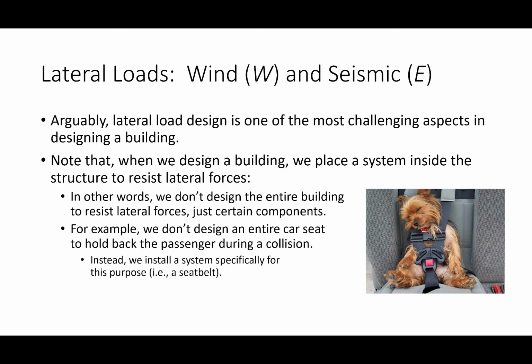You have a subsystem installed specifically for that, and we call that subsystem a seatbelt. The whole car isn't holding you back, or the whole seat isn't holding you back. It's a subsystem of those components. And so in building design, we're talking about bracing systems, either brace frames or moment frames or what have you, as loads hit the building laterally.